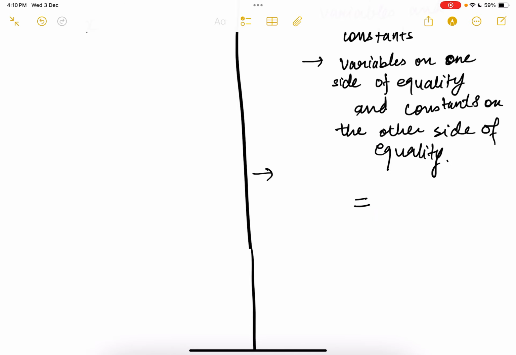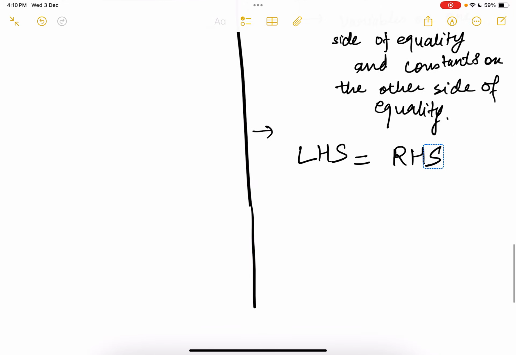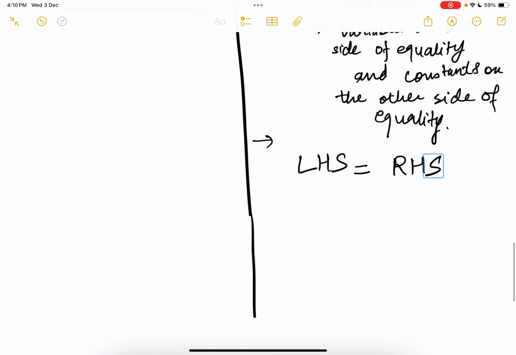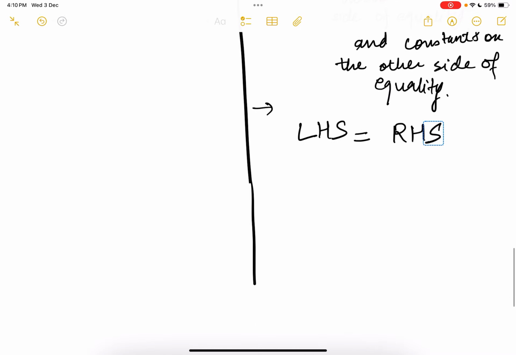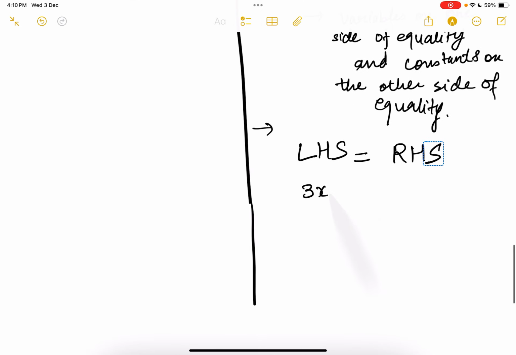Suppose this is the equals sign, and this part is called the left hand side, this part is called the right hand side. So this is your LHS because this is on the left side, this is your RHS. Now because it's already given that LHS is equal to RHS, 3x is equal to 2x plus 18.